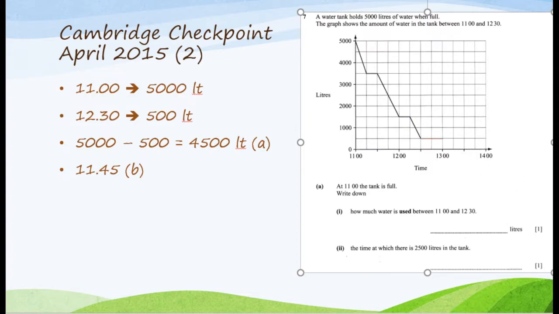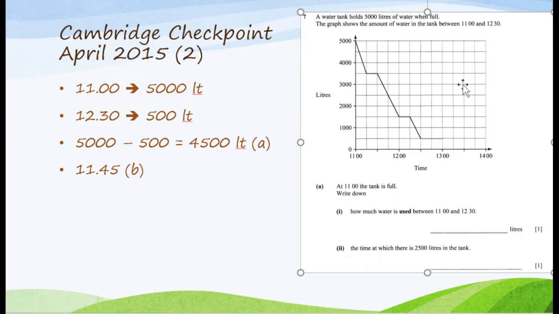And then it says after that, at 13, we pour the water again into the tank until it is full. It is full when? At 13:45. So this is 13, this is 13:30, this is 13:45, right? So at 13:45, the water will be 5,000 liters here.